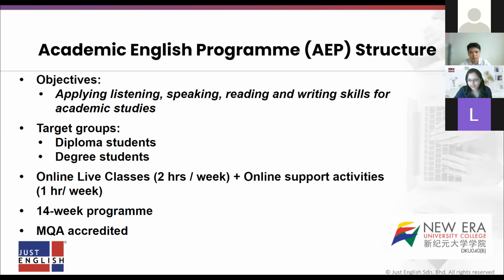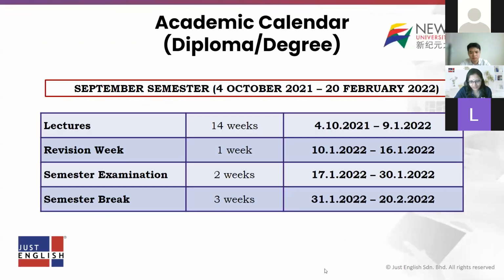This is our academic calendar, similar to the NEUC academic calendar. Our lectures will be for 14 weeks. We are starting next week on the 5th of October. If we have any public holidays during these lecture dates, we will have to do replacement classes because our course content is for 14 weeks.